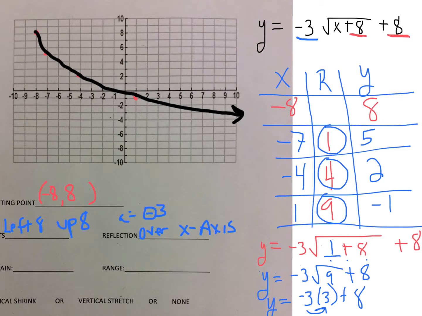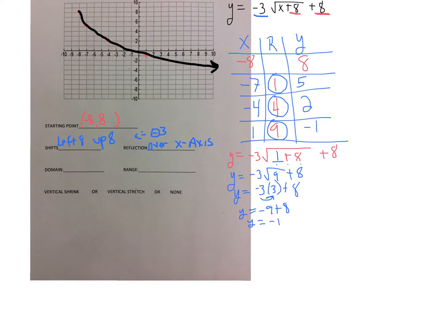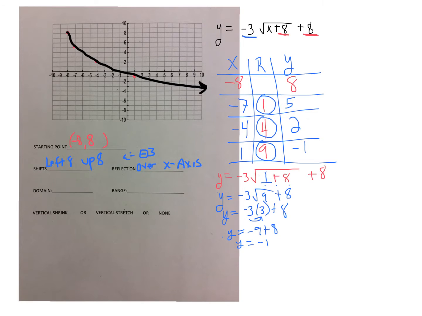Alright, so now let's take a look at our graph and see what we're dealing with here. Now our domain, looking at the x's, they start at negative 8, going up. So x is going to be greater than or equal to negative 8.